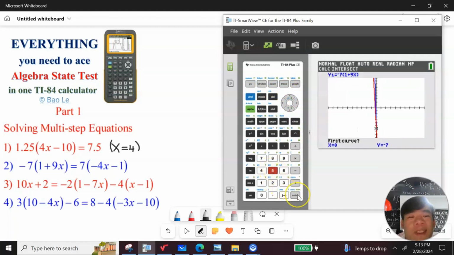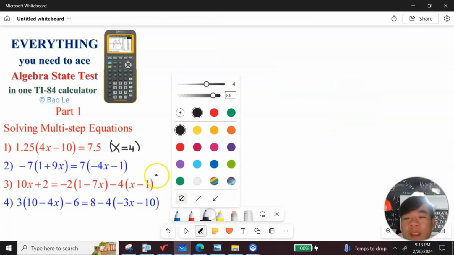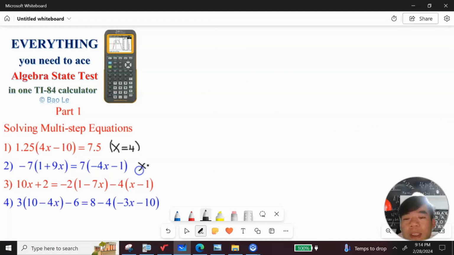Now you need to hit enter 3 times. 1, 2, 3. So at the intersection right here, x equals 0. That is your solution. So the second one, x equals 0.